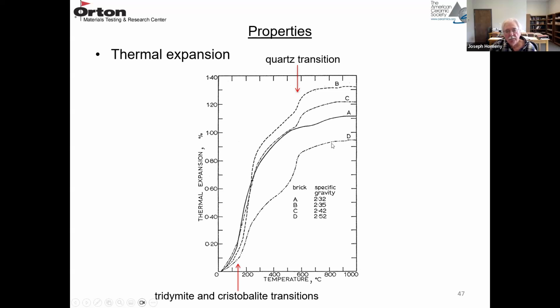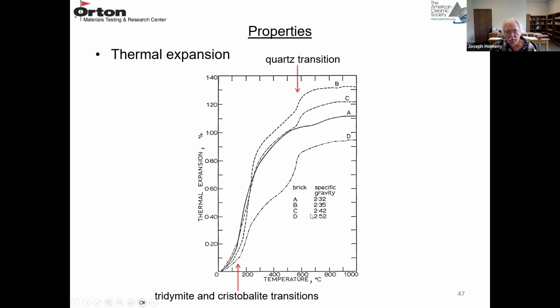So B, C, and D, you can see the quartz transition, but A has been converted completely. So there's no quartz transition there. So if you want to check the conversion from quartz to cristobalite and tridymite, you can run a thermal expansion. You don't want to see these rapid changes at 573 degrees C.